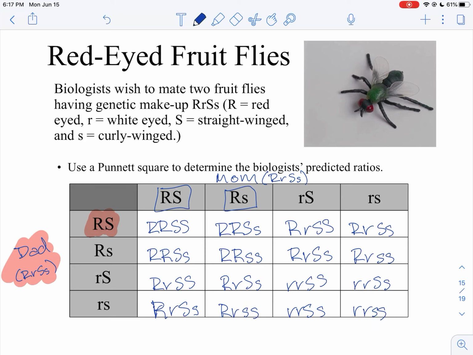Okay, and so would they end up with red eyes, white eyes, straight wings, curly wings, right?